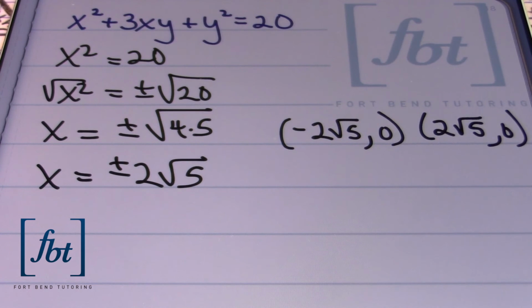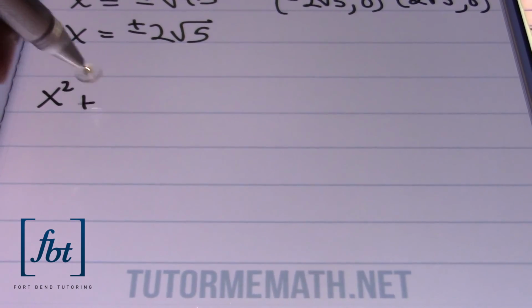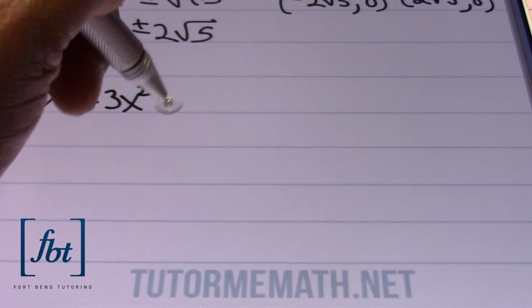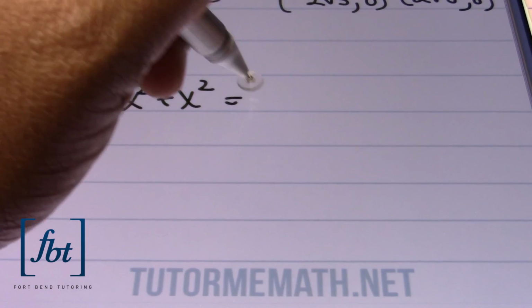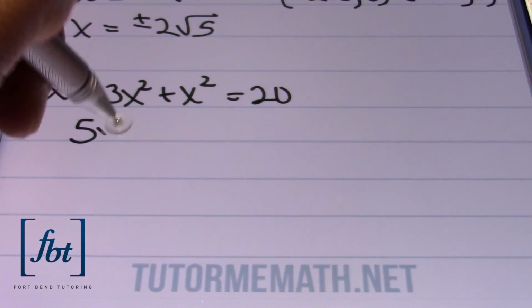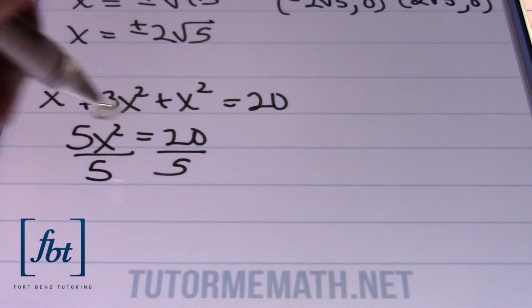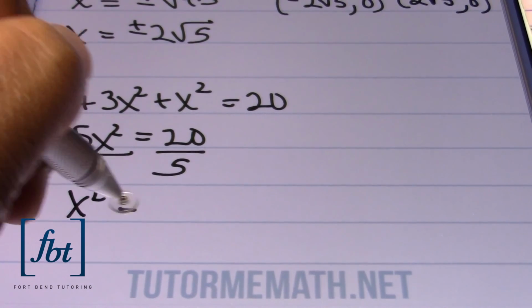Now let's see what happens when y equals x. Replacing every y with x in our first equation, we would end up with x squared plus 3x squared plus x squared equals 20. From here, we would end up with 5x squared equals 20, and then we can divide both sides by 5 to end up with x squared equals 4.